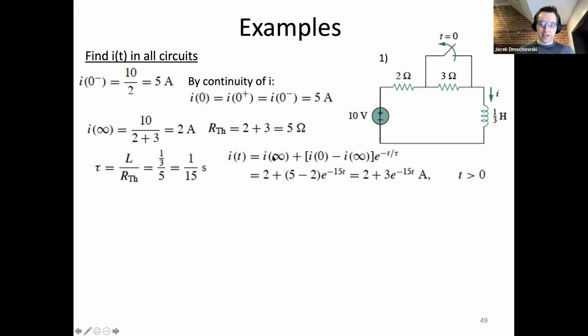So the steady state solution is 2, and the initial condition is 5, and the time constant is 1/15 of a second. So dividing by 1/15 is equivalent to multiplying by 15. And so our final solution is 2 plus 3 times e to the negative 15 t amps.